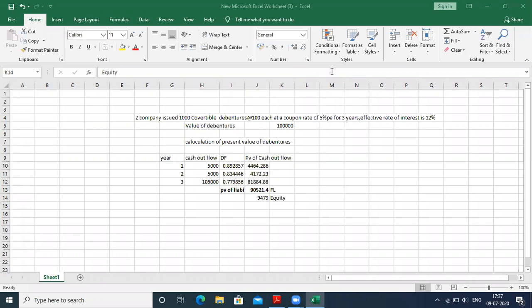The company can issue the convertible debentures irrespective of their shares, irrespective of the issued capital and the subscribed capital, because it should be considered as issue of shares to the existing shareholders. It will not be considered as an IPO, it will be considered as an NPO, that is new public offering.